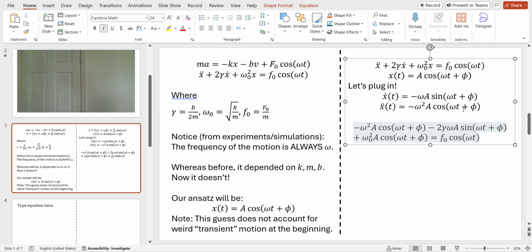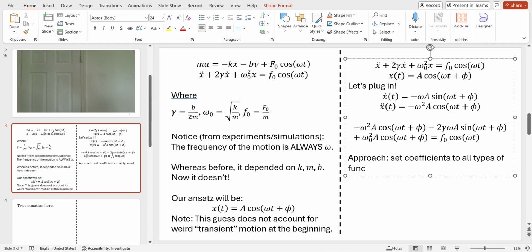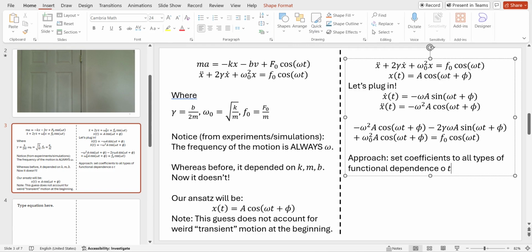So what am I saying? Approach: set coefficients to all types of functional dependence on t to 0.